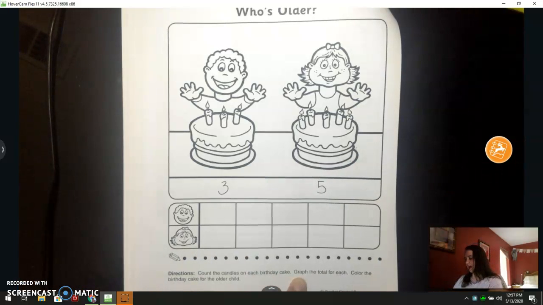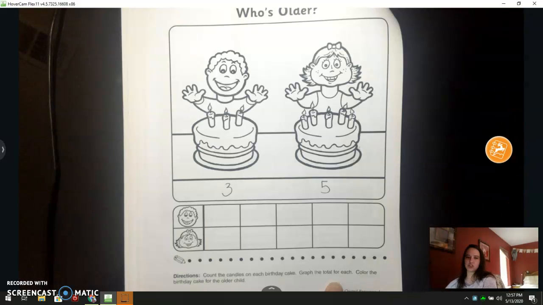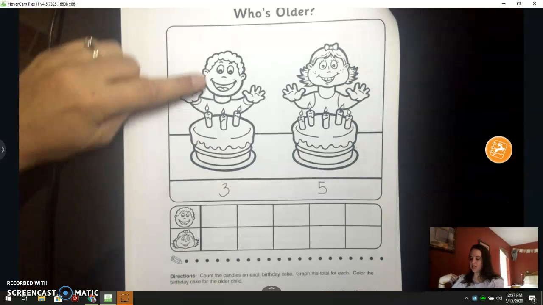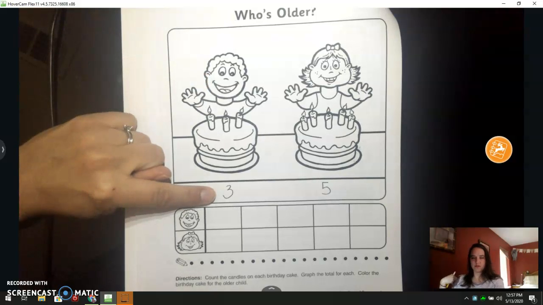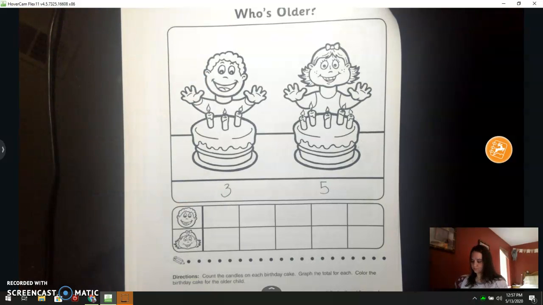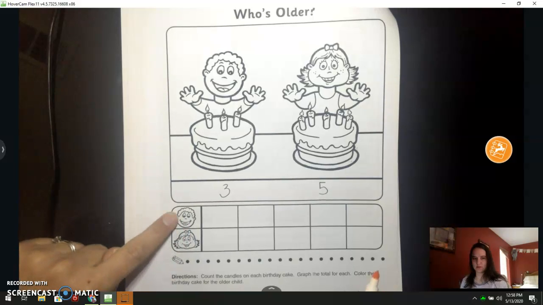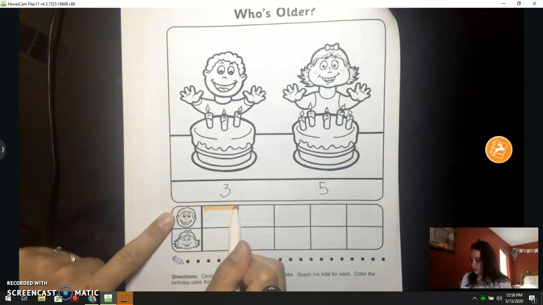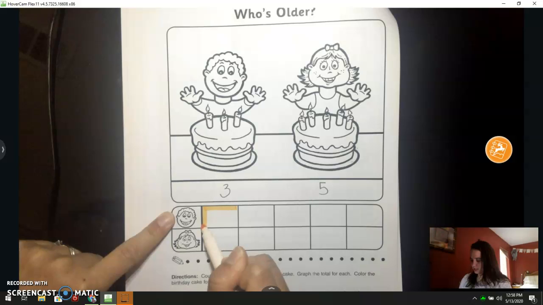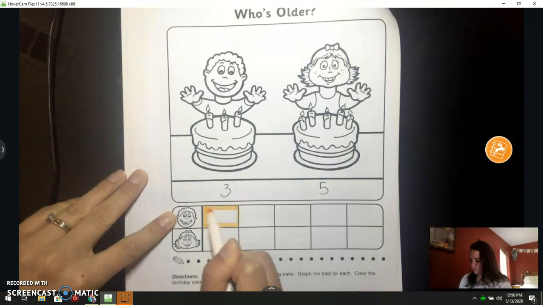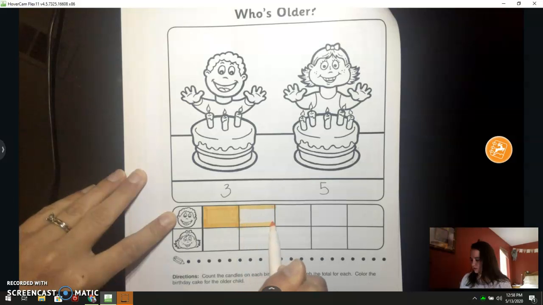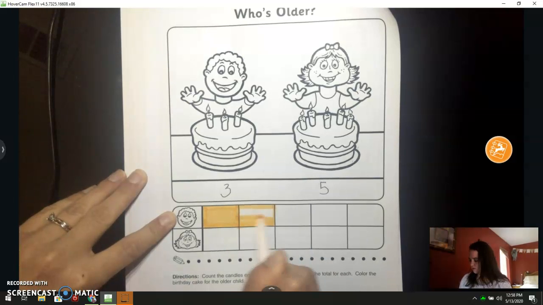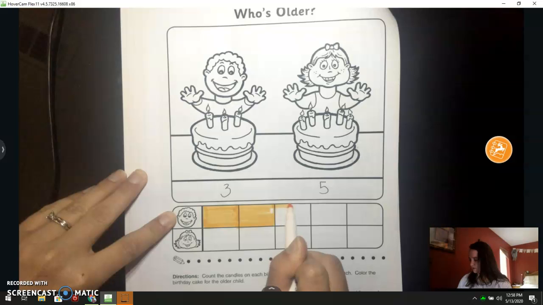This says graph the total for each. So that means for this boy, I'm going to fill in 3 rectangles. Let's do that first. Here's the boy. We always start closest to our picture or words. 1, 2, 3.